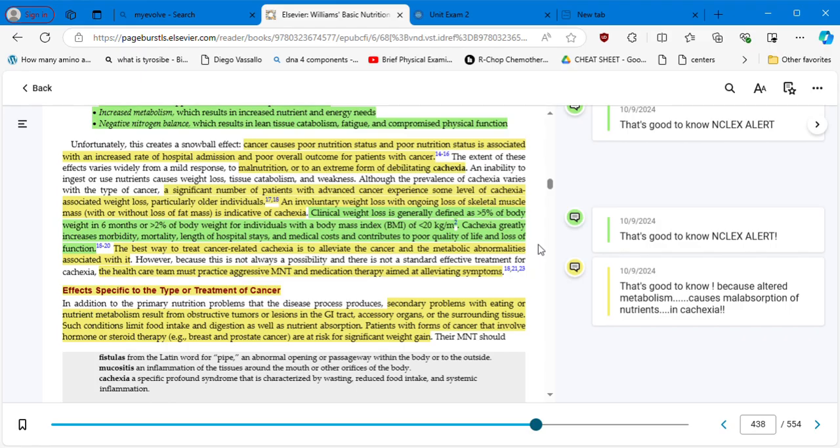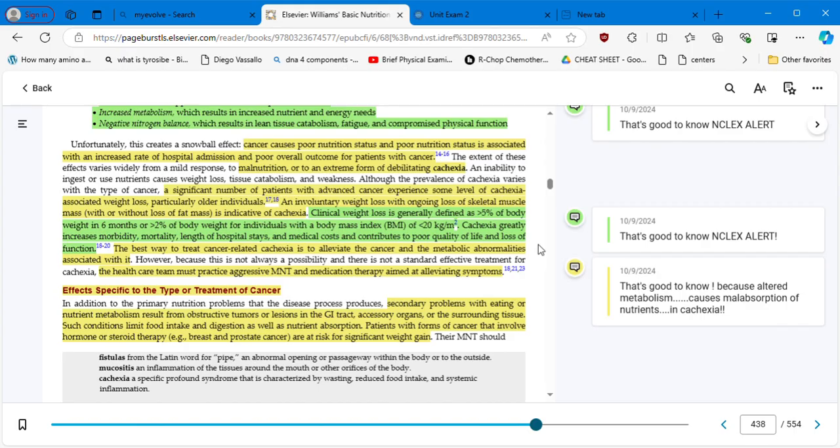Clinical weight loss is generally defined as more than 5% of body weight in 6 months, or more than 2% of body weight for individuals with a body mass index of less than 20 kilograms per square meter.